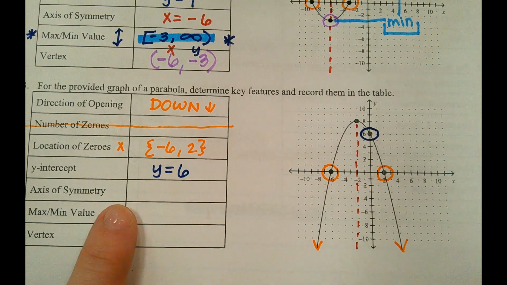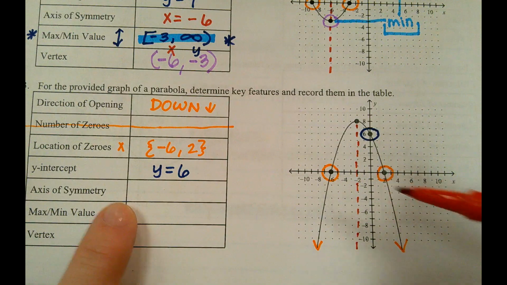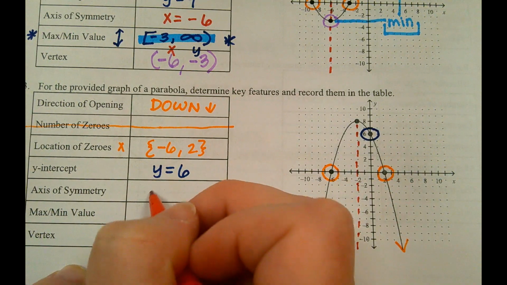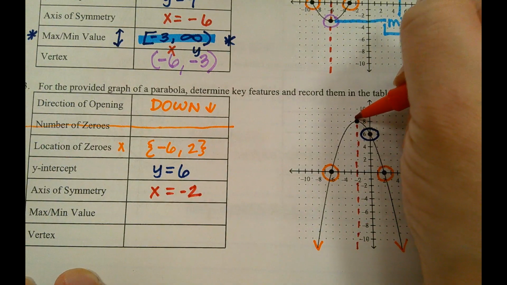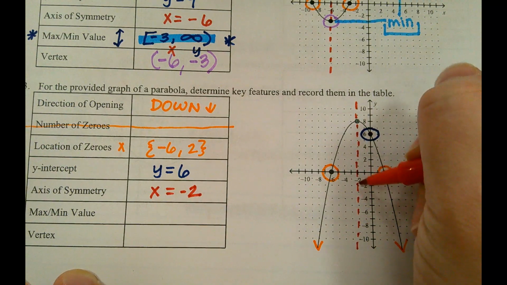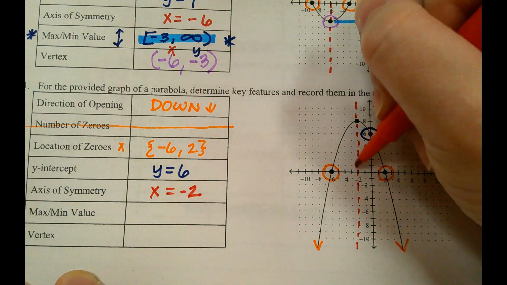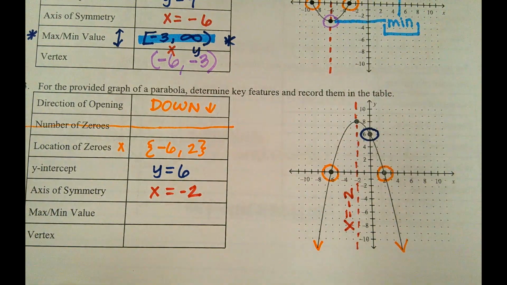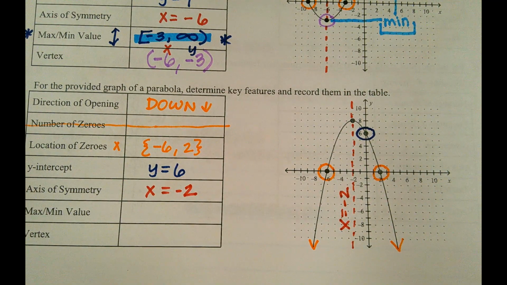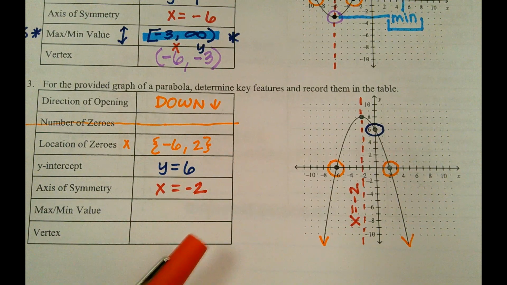So how would I write my axis of symmetry? Yes, x equals -2. We are going through -2 on the x-axis. X equals -2. And we'll wait on the value for max and min.